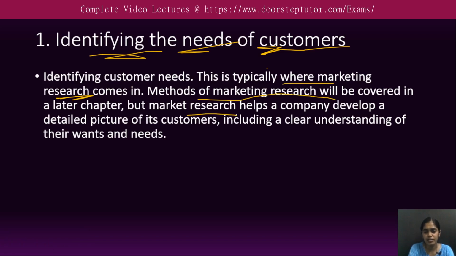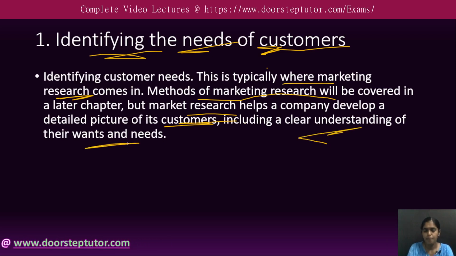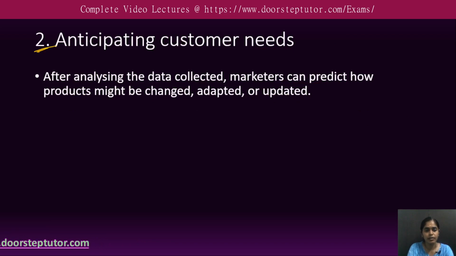But market research helps a company to develop a detailed picture of its customers, including a clear understanding of their wants and needs. So the first thing is you have to identify the needs of our customers, and then the second, in that definition, we have seen anticipating the customer's need. Why do we have to anticipate the customer's needs? Because anticipation for the future is very important, as the consumption or the end usage of the product will be happening in the future.